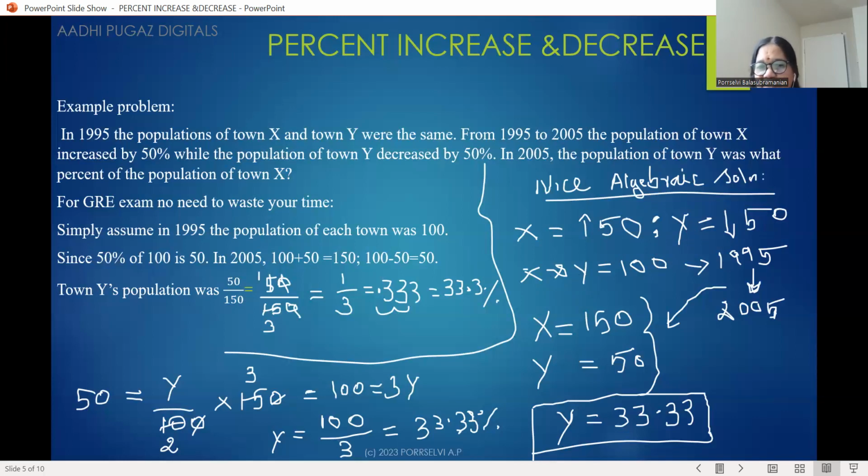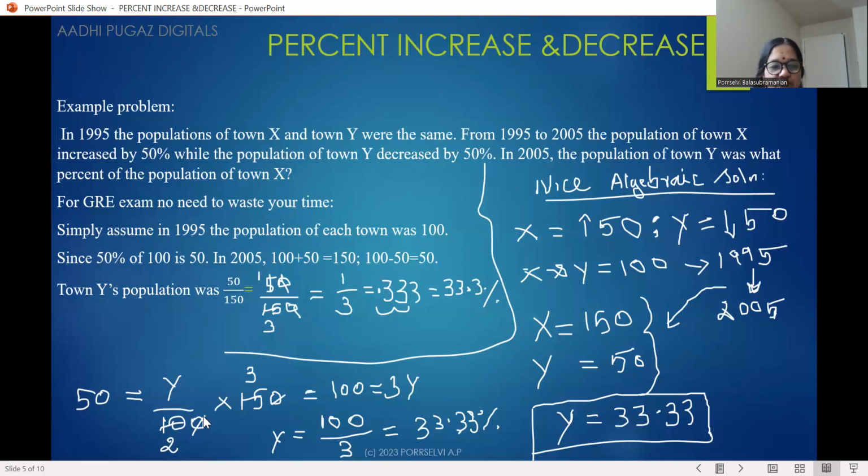Between 1995 and 2005, town X increased 50%, so the total population was 150. Town Y decreased 50%, so town Y was 50. Now we know the values of X and Y. We need to calculate the population of town Y as what percent of the population of town X.